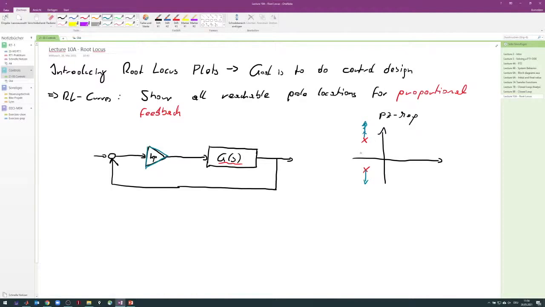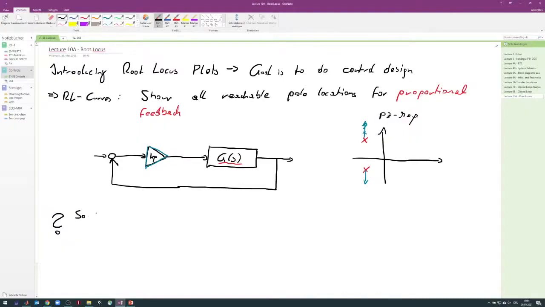Okay, so the question now is, and I tried to emphasize this last time, what happens if we want to have dynamics in our controller? Because we said a pure proportional controller is not always a good idea. We might need integrators to get steady state accuracy and so on.